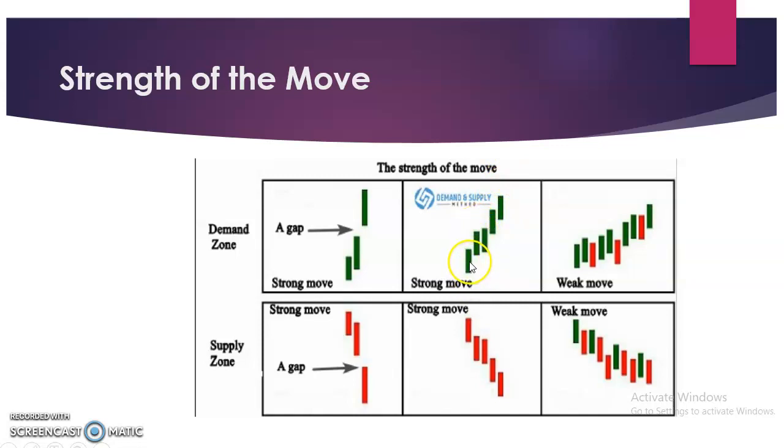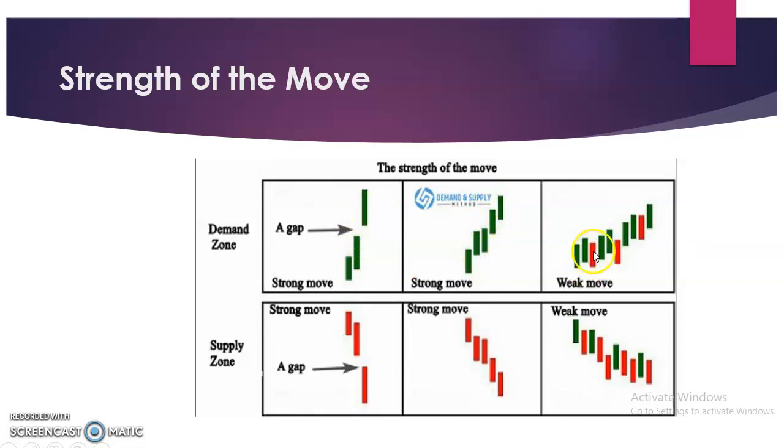There are about five candles, and they are all bullish, moving up. They're actually rallying to the upside. When you see moves like this, it's really strong. These are strong moves.